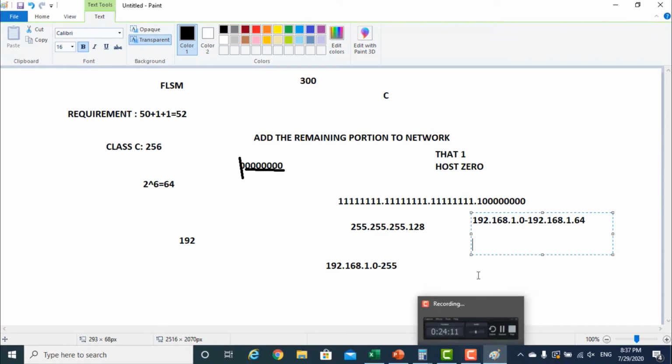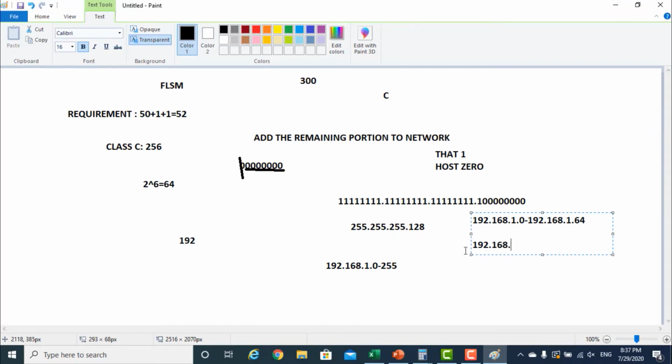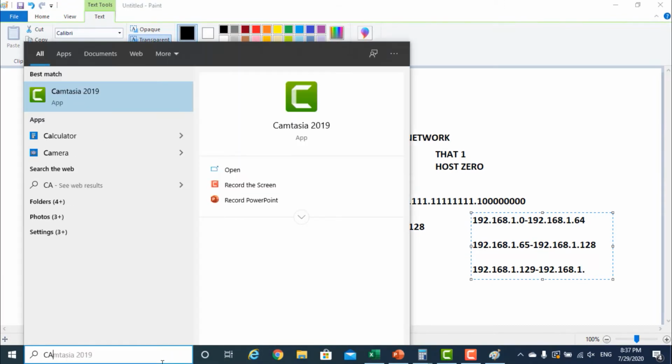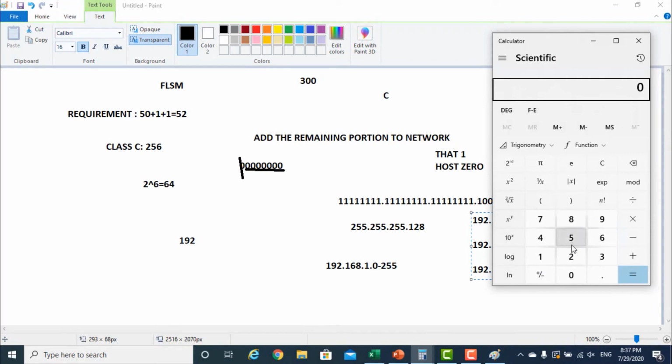Till 64, then 192.168.1.65 to 192.168.1.128. The other subnet is going to be 192.168.1.129 to 192.168.1, let's add three 64s. Let's go to the calculator and add three 64s.